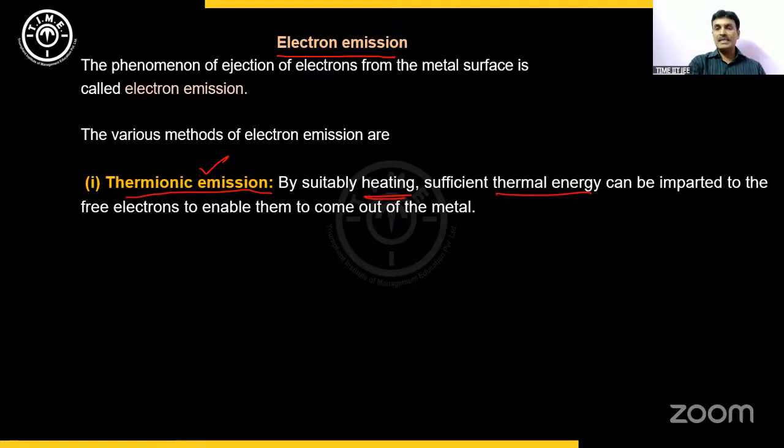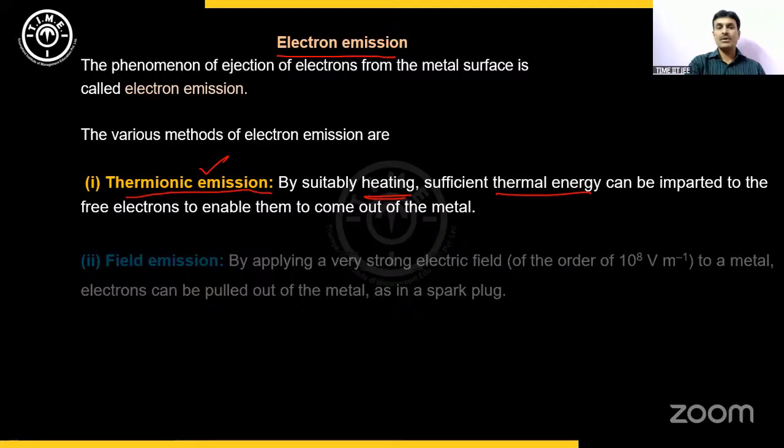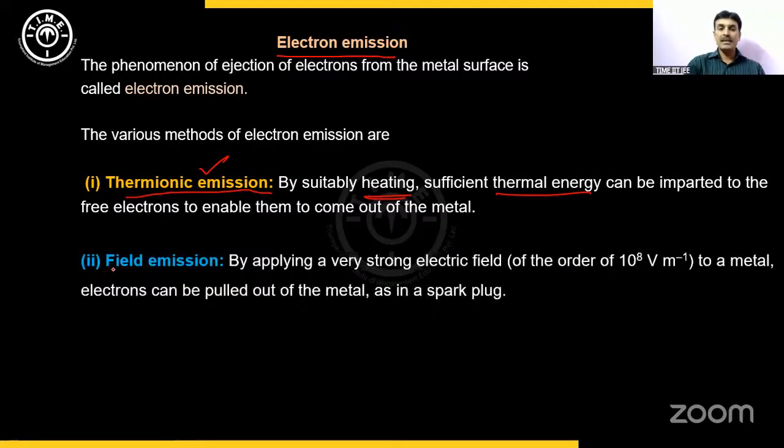Another one is by applying a strong electric field. That method is called field emission. Field emission is the process of releasing electrons from a metal surface when a very strong electric field, in the order of 10^8 volt per meter, is applied.